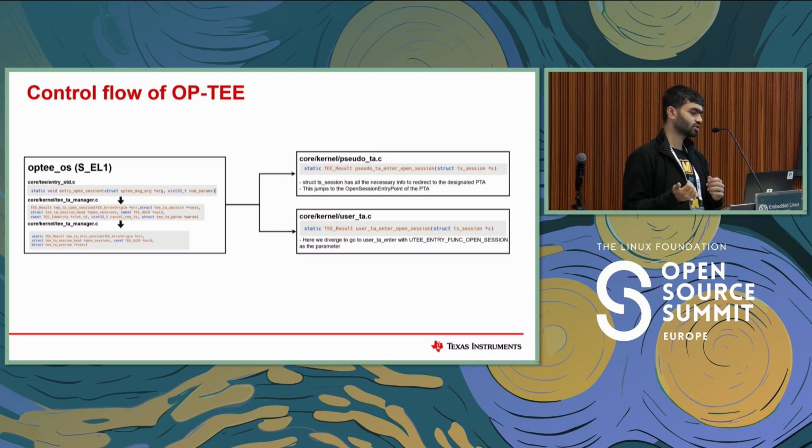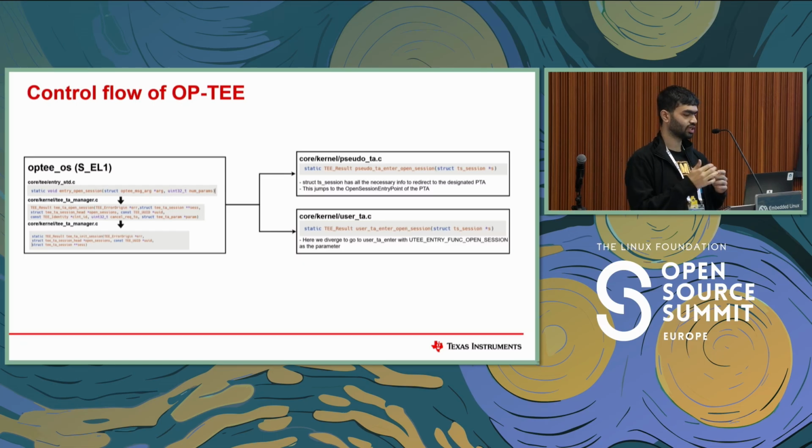If it is a pseudo-trusted application, it is already up in the system. So basically, the UUID and everything is passed through all the chain. The pseudo-trusted application side would have an open session entry point, so you would just jump to that. The story of pseudo-trusted application reaching is over.